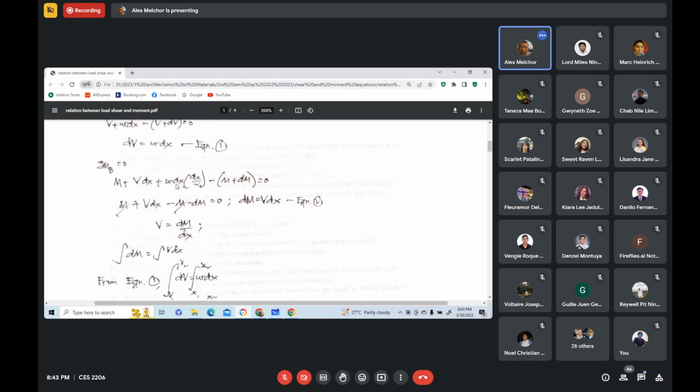You see that dx times dx, this is a product of differentials, and this term is negligible compared to the other terms. So we can cancel this. So now we have dM equals V dx. We call this equation 2. And then solving for V equals dM over dx.